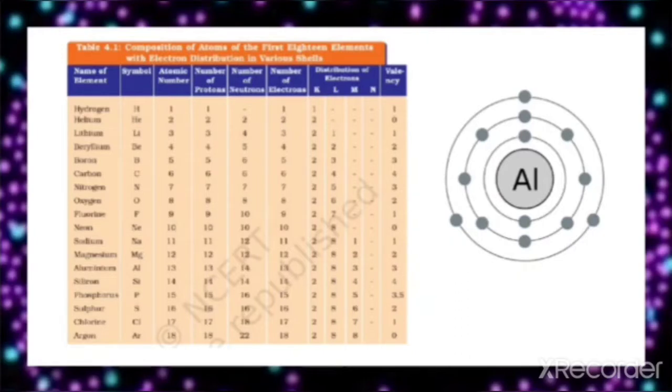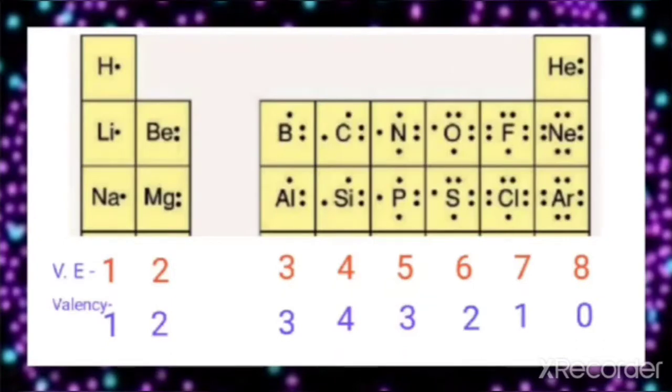So once you have learned this table, you can very easily find out the atomic number, number of electrons, number of protons, number of neutrons, its distribution of electrons, and its valency. As I told you, learn the sequence in this order, that is hydrogen, helium, then lithium, beryllium, boron, carbon, nitrogen.